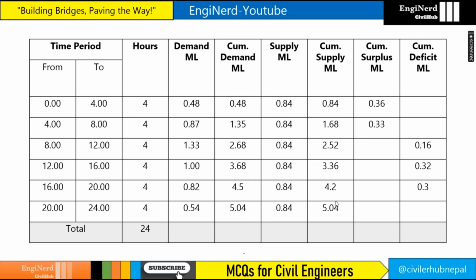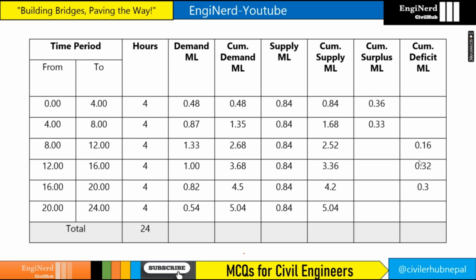So 5.04 and 5.04. Now to calculate the capacity of the reservoir, we need the maximum of the cumulative deficit, 0.32, and the maximum of the cumulative surplus, which is 0.36. Since total demand and total supply are both 5.04, we are not considering this in the formula, so we are eliminating the minus total supply plus total demand term.